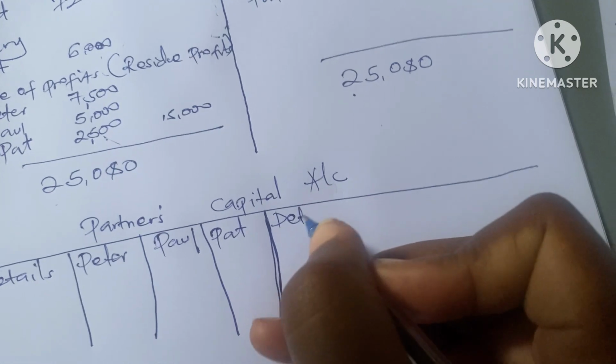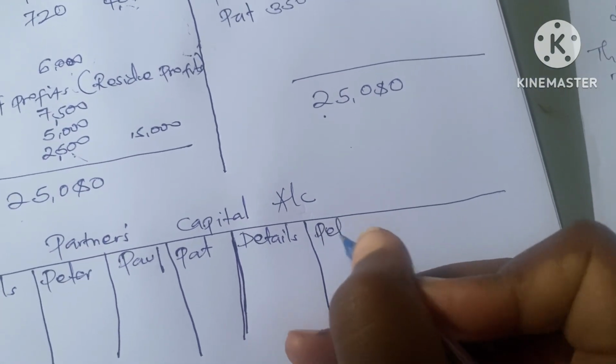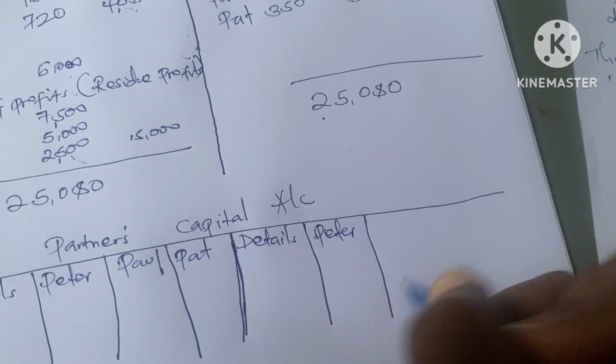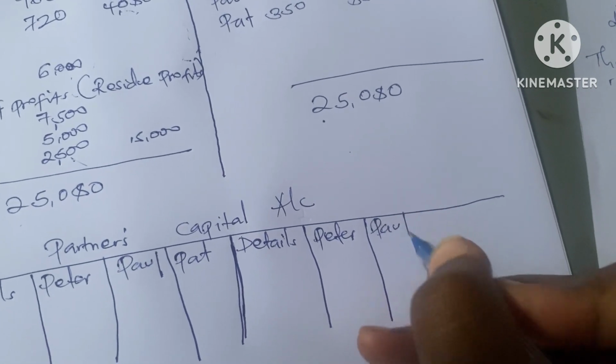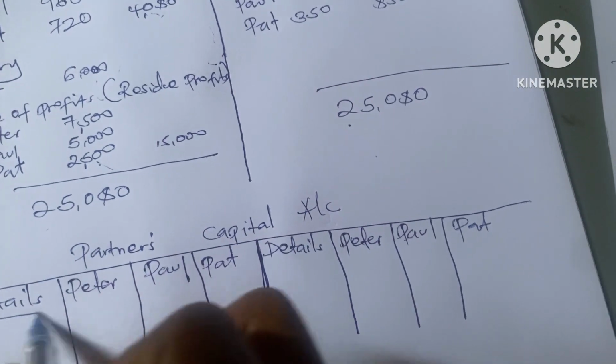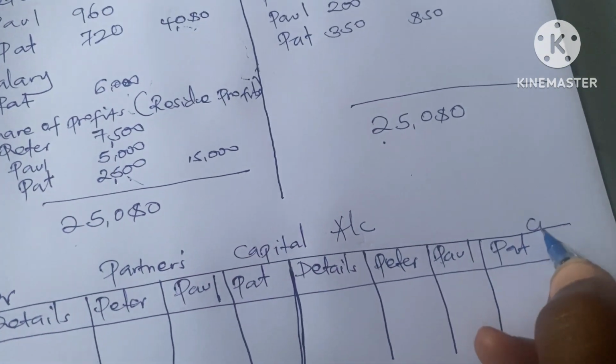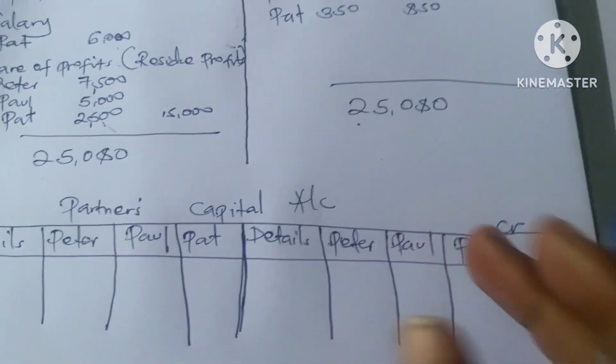Then details, Peter, Paul, and Pat. So debit and then credit, like that.